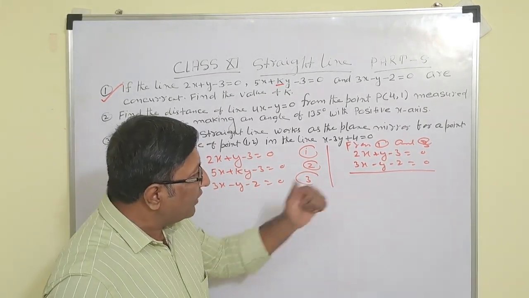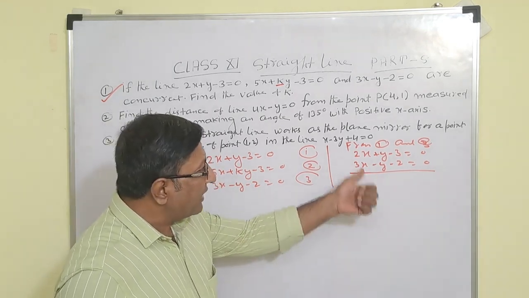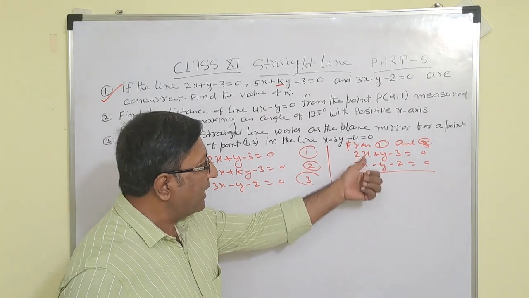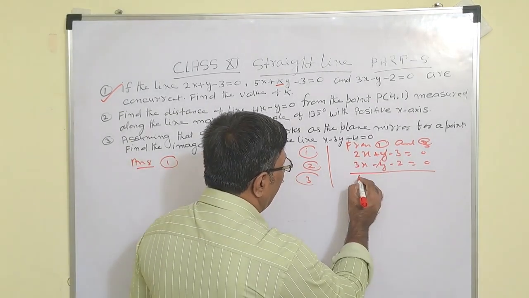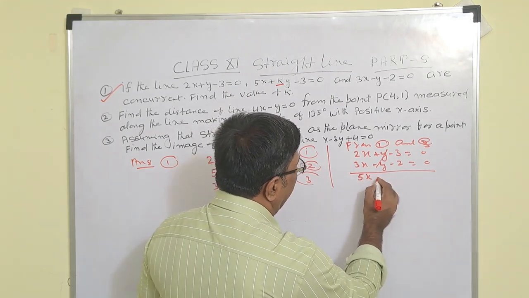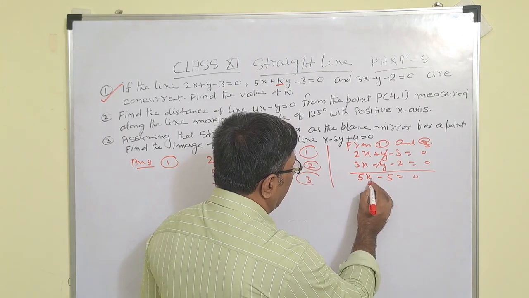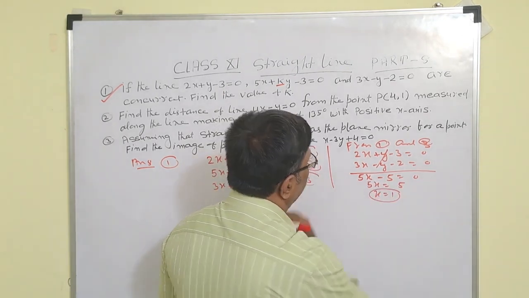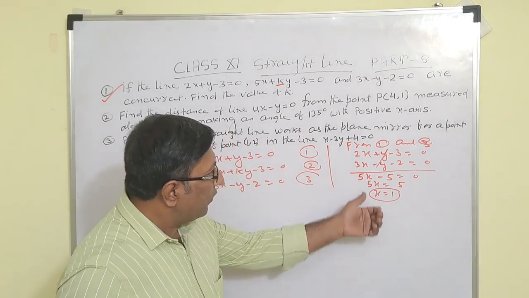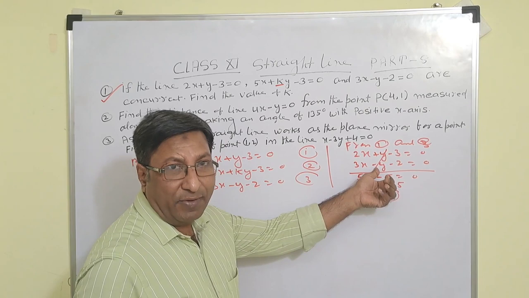Here we are doing it by the elimination method. When you add these two equations, y will be cancelled out. So you will get 5x minus 5 equal to 0, so 5x equal to 5, so x equal to 1.